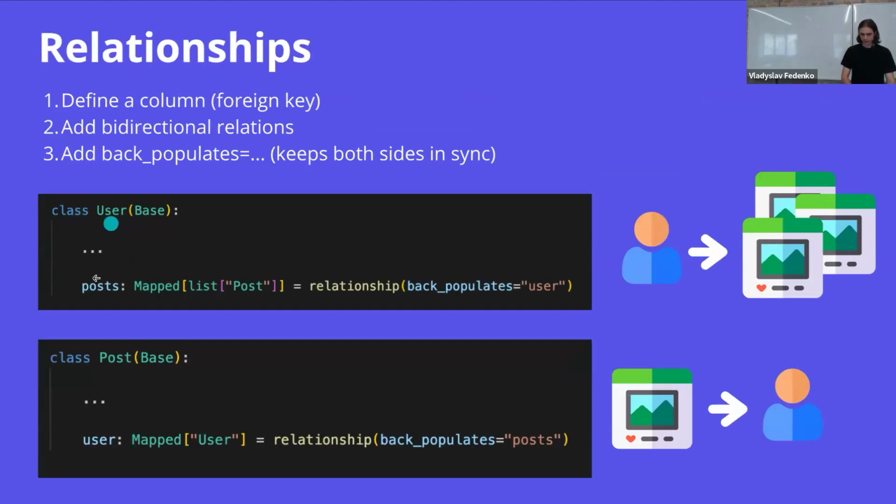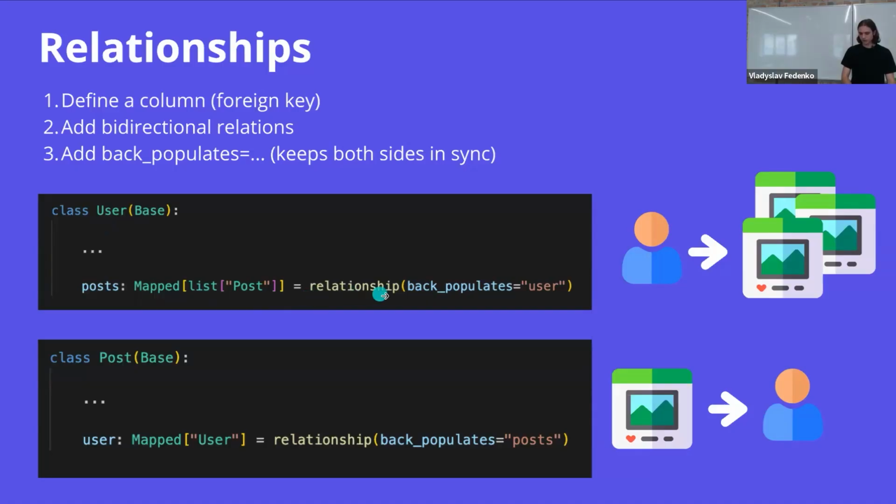Our user has posts. And we can see that this is Mapped a list of posts. And we write Post like a string, but here we are writing the name of our Post class. So we're showing that one user has many posts.